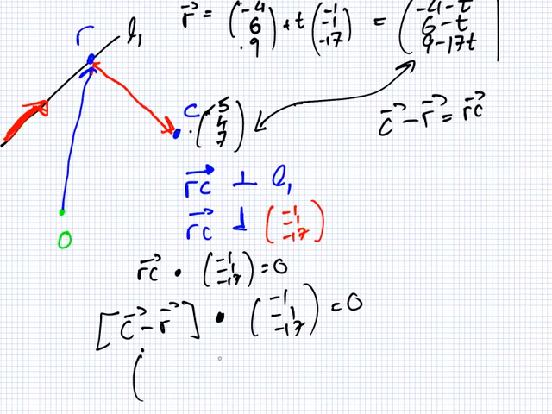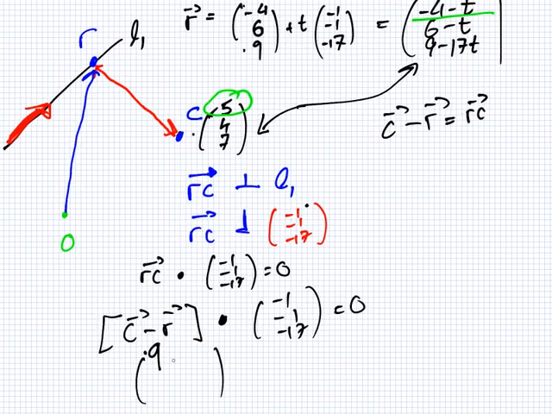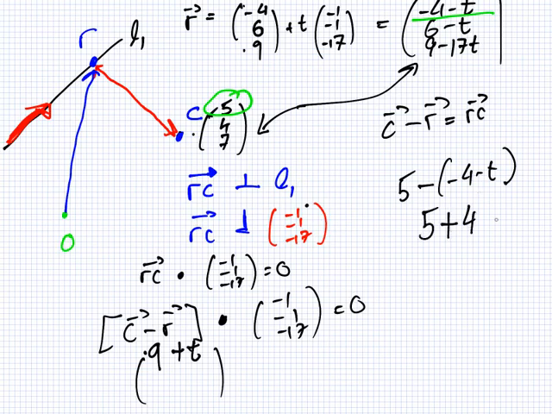Okay, let me write it in. 5 minus this. What's that? 5 minus 4? 1. 9. And then minus t. Plus t. You're writing 5 minus 4 minus t; that's 5 plus 4 plus t, that's 9 plus t.